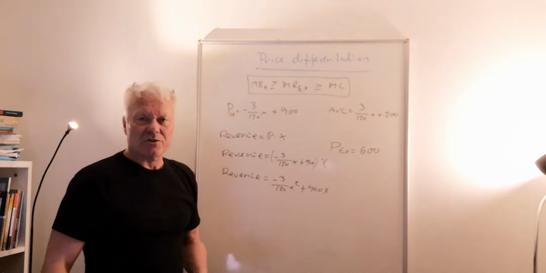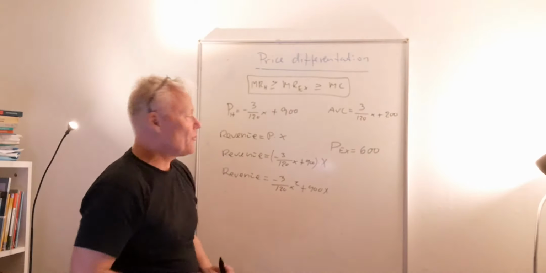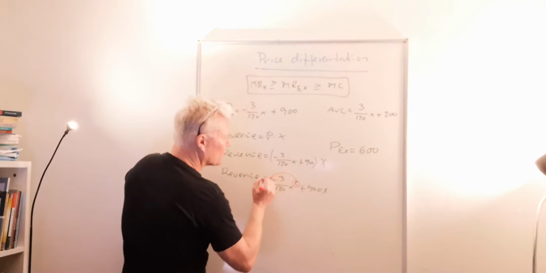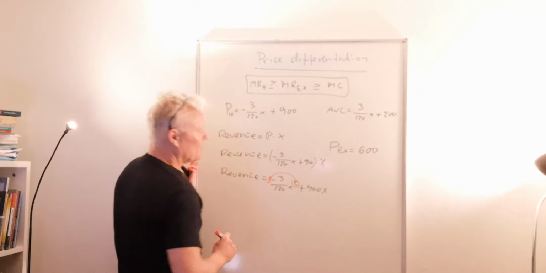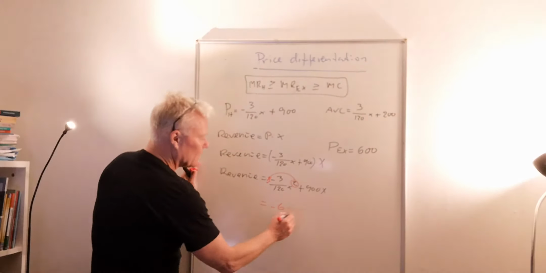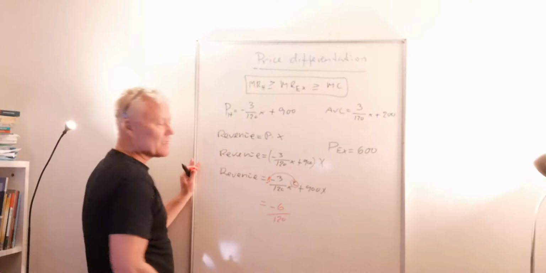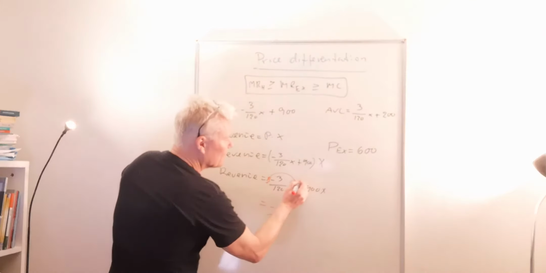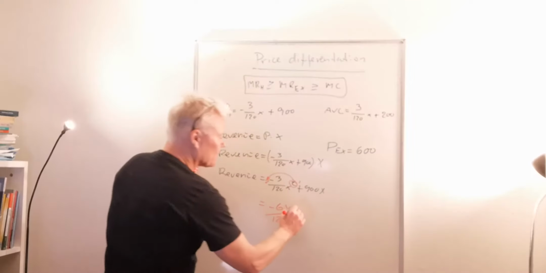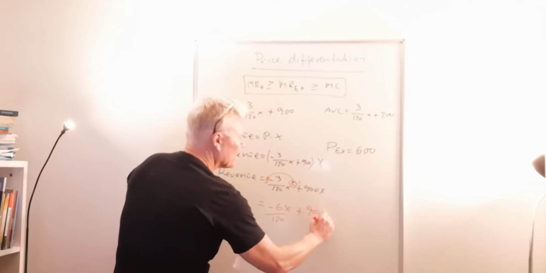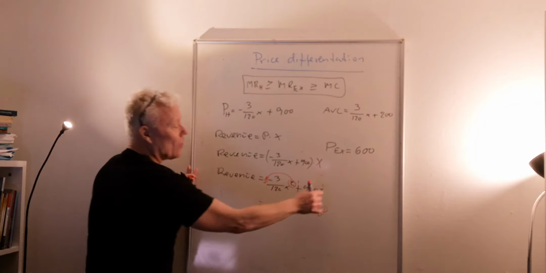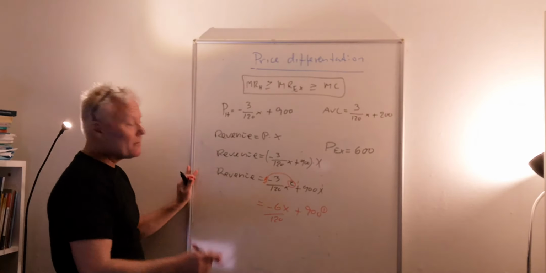And then you can differentiate that. The little trick is when you differentiate, you take the 2 up here and put it down in front and multiply it with 2 times minus 3. Then you get minus 6. The denominator stays the same, but you deduct the 1 from the power, so you have x plus 900. Take that 1x, the invisible power 1, which is always invisible when it's 1.